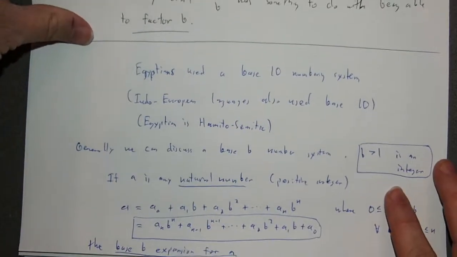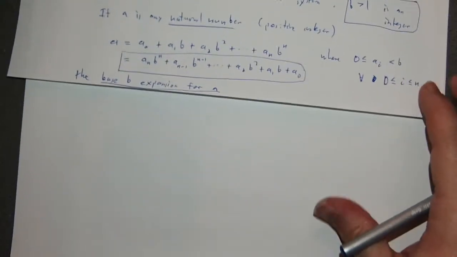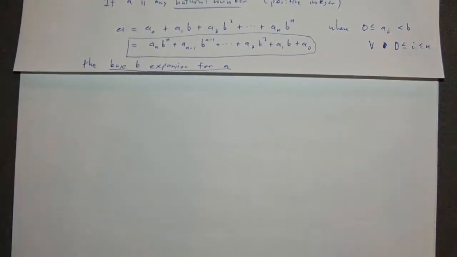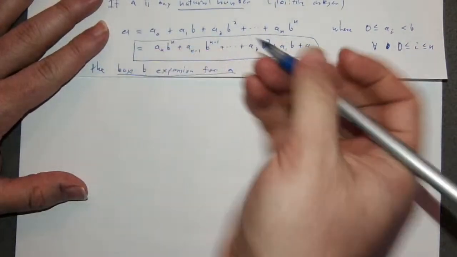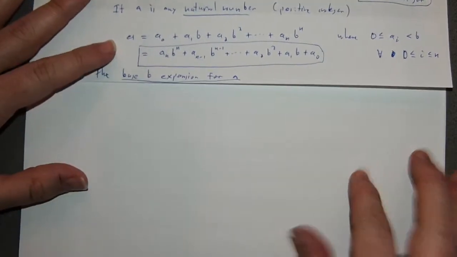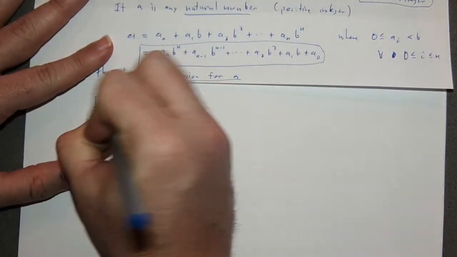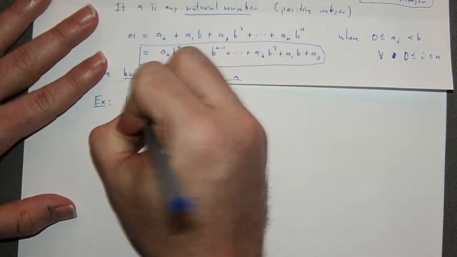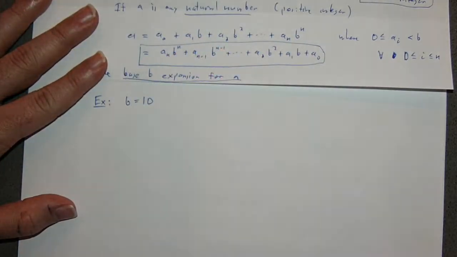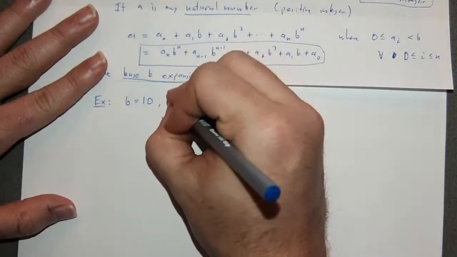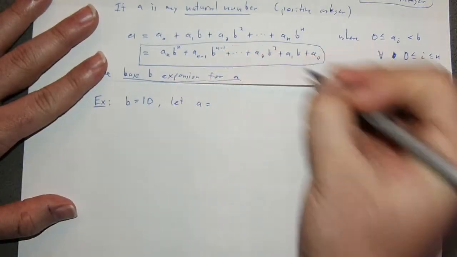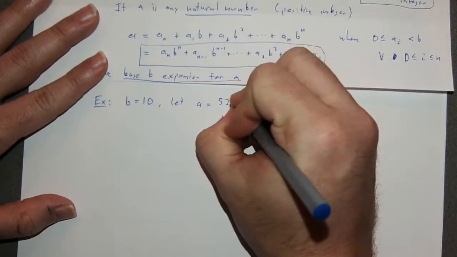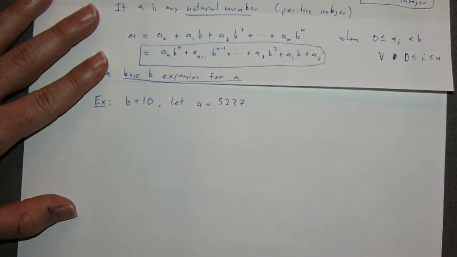To see what this thing actually is, let's consider an example. Let b equal 10, and let a be, let's say, 5,237.